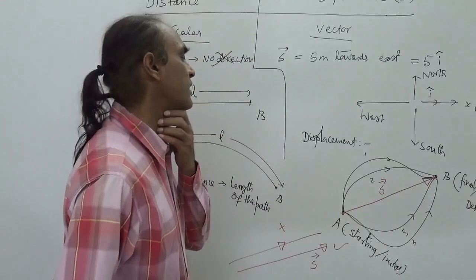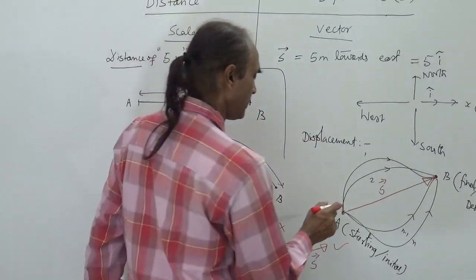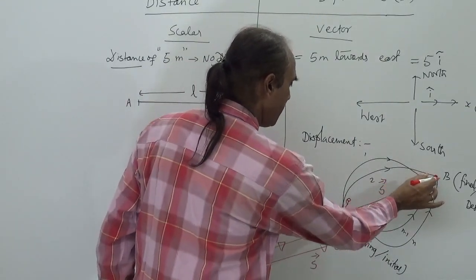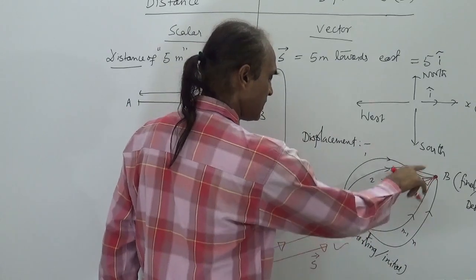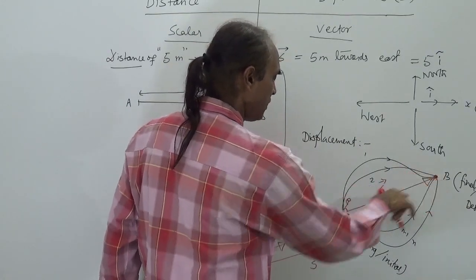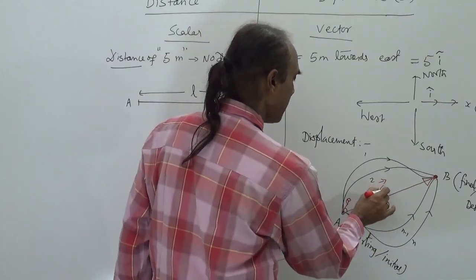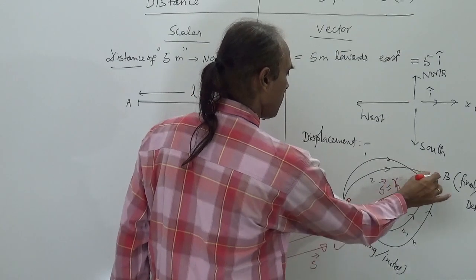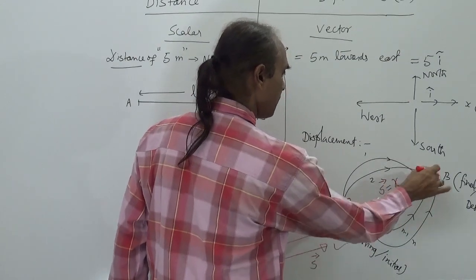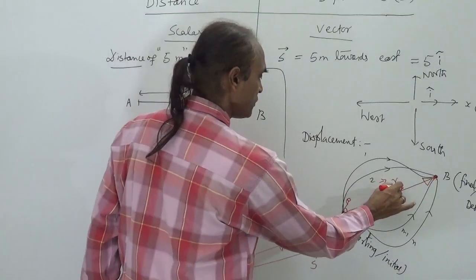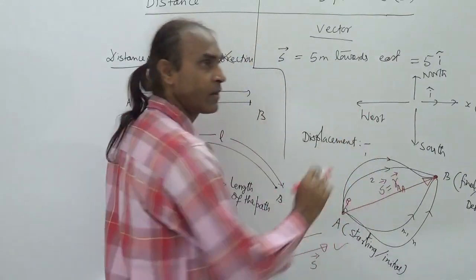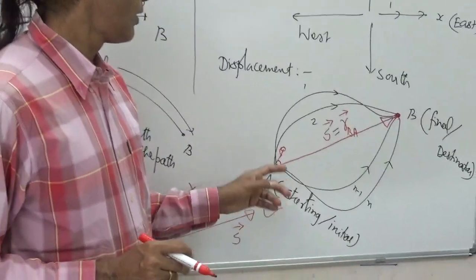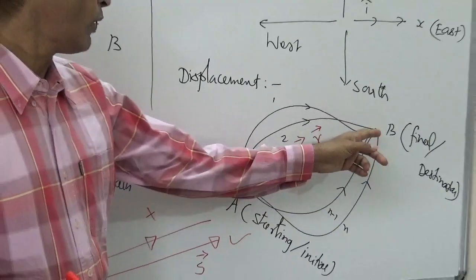We can say in a different way that when you observe the point B, the final point, from the initial point, this is the position vector of the final position with respect to the initial position. So displacement is nothing but the position of the destination or the final position with respect to the initial position. And as I explained in my first video, if you ask a baby, where is the point B?